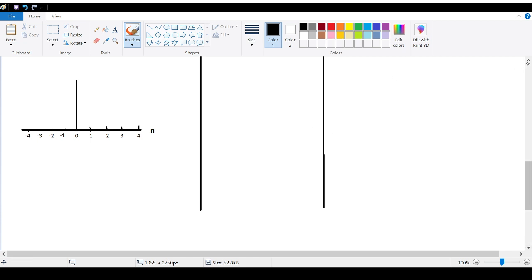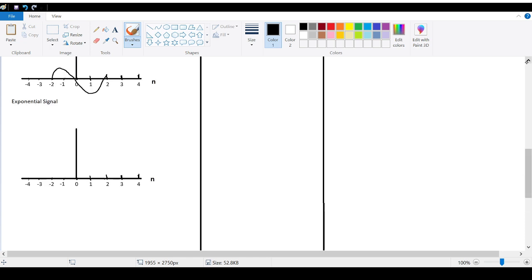Now coming to the next type of representation, which is an exponential signal. So now for the exponential signal, let us see the various types of representation. Here we will be considering the function y of n is equal to b to the power n.